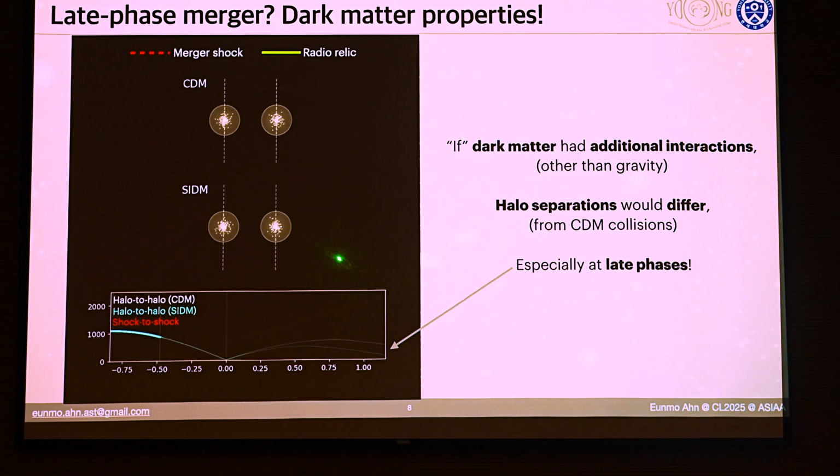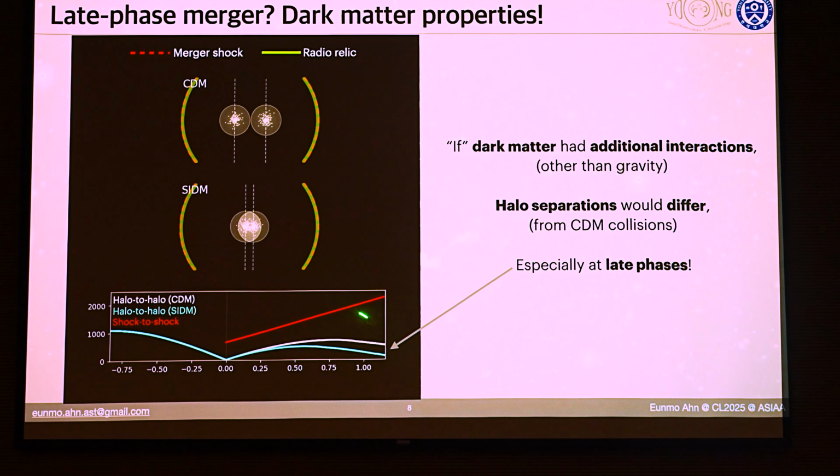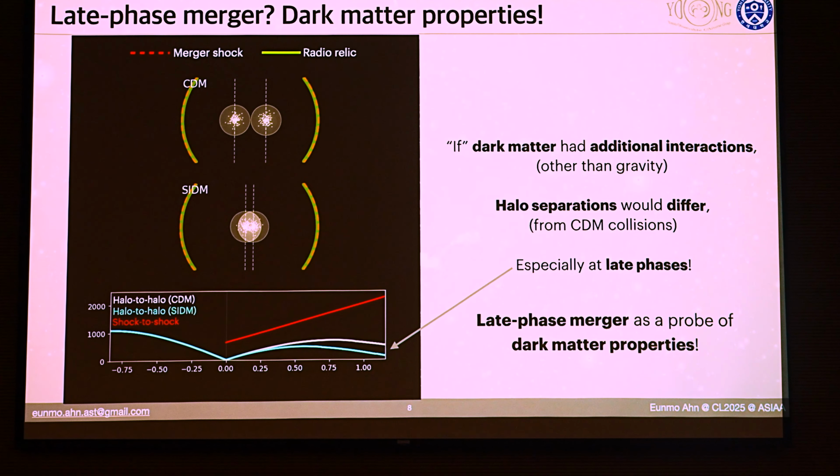By the way, this is not from a simulation, it's a simple visualization from Python, so please keep that in mind. But anyway, if dark matter experiences self-interaction other than gravity, the halo separation would differ from what we expect from CDM collisions, and the difference in halo separation gets larger for the late phase of the merger. So what I want to say here is that the late phase merger could be a very useful astrophysical laboratory to constrain the dark matter properties.